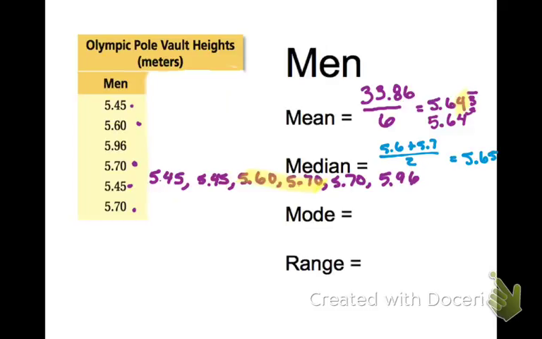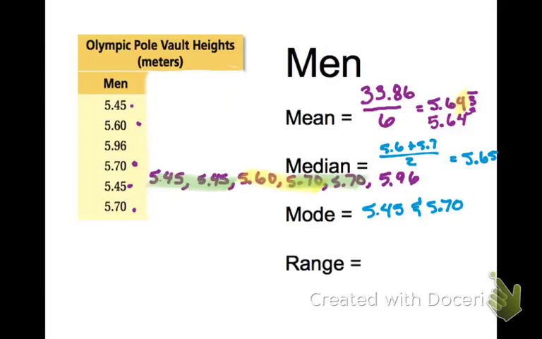My mode, I'm looking at my mode, and it really helps now that I have them all in order from smallest to largest. And I see that I've got 2 545s and 2 570s. So my mode is both 545 and 570.